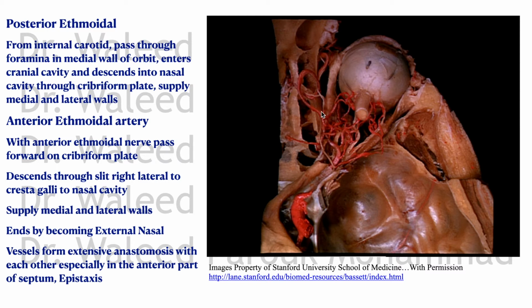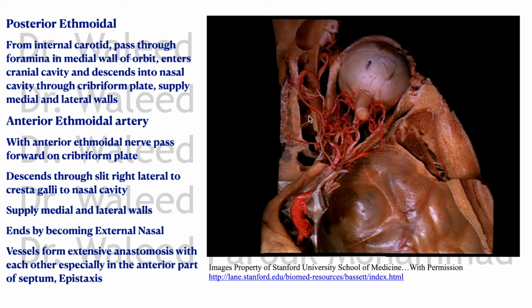They pass through special foramina for them, anterior and posterior ethmoidal foramina in the medial wall of the orbit, and they supply the corresponding air cells, and then supply the nose as well. They both supply the lateral and medial walls of the nose.